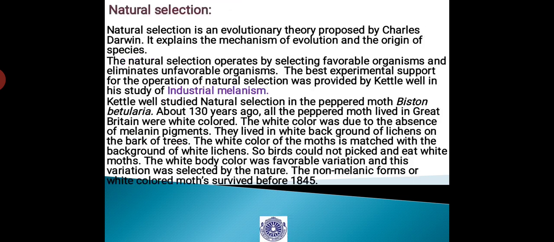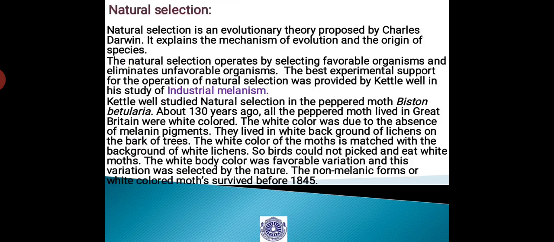Before the industrial revolution in England, about 130 years ago, all the peppered moths living in Great Britain were white colored. The white color was due to the absence of melanin pigments.